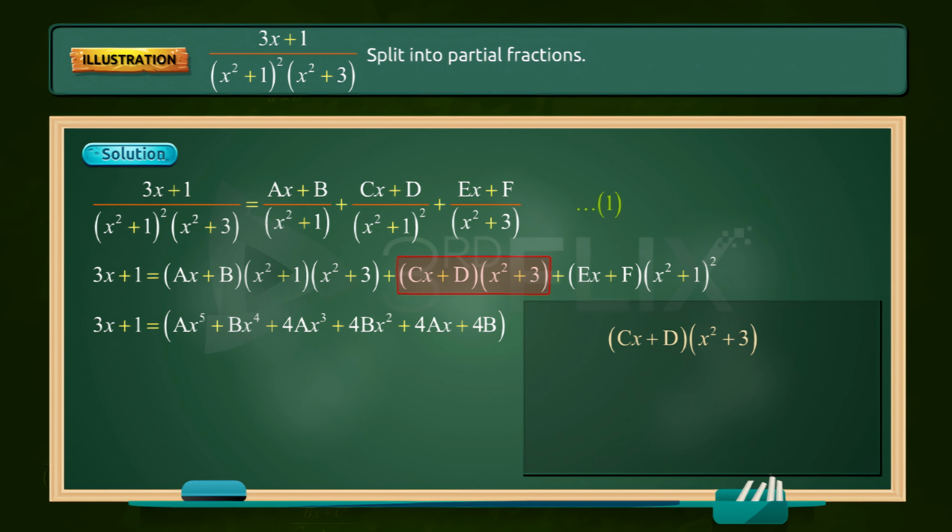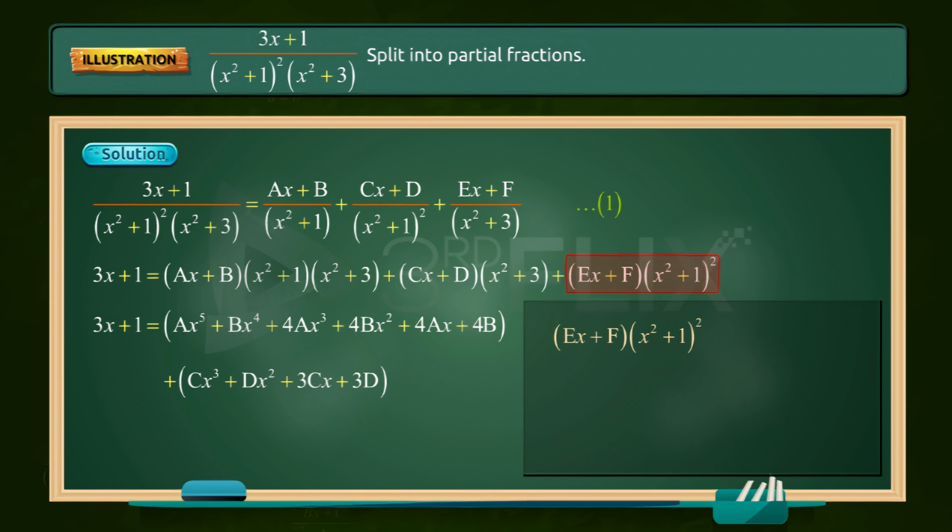Multiplying cx plus d into x square plus 3, we get c into x power 3 plus 3cx plus d into x square plus 3d, and arrange the terms in a specific order.